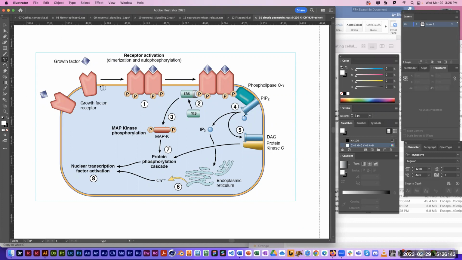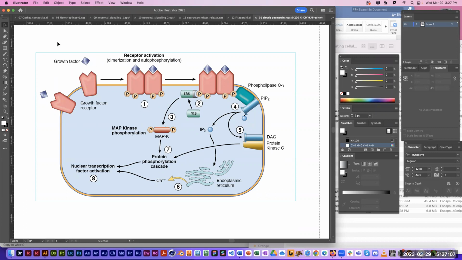Now, just to make this a little bit more of an educational presentation, to get a little bit more use out of this picture, these simple geometric shapes are meant to show an example of a receptor tyrosine kinase. I mean, those proteins don't look anything like this blob that I've shown here in pink.